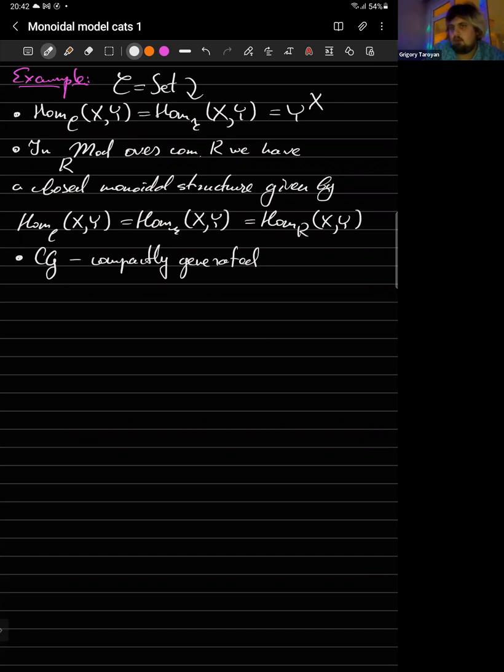Unlike for general topological spaces where the mapping space may not be Hausdorff. So yeah, that's the reason.